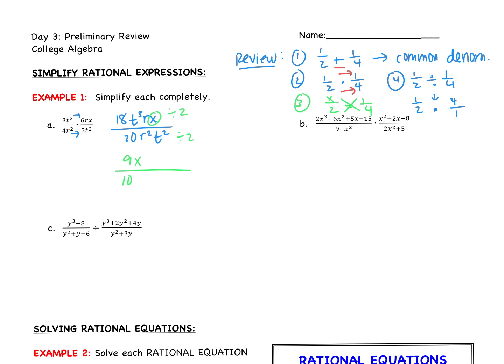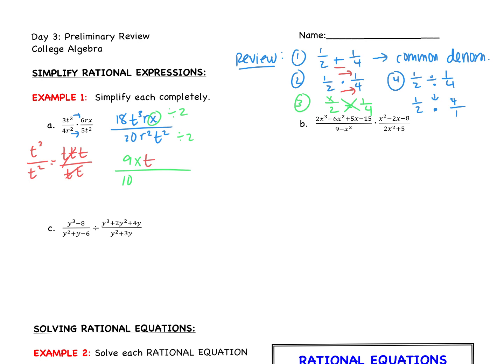Okay, so I would like to address the r and the t. If we start with the t, we have t cubed over t squared. What that tells us is that we have 3 t's in the numerator and 2 t's in the denominator. So what that leaves us with is a t in the numerator. If you notice, what we did is we just subtracted the exponents. 3 minus 2 would give us t to the first.